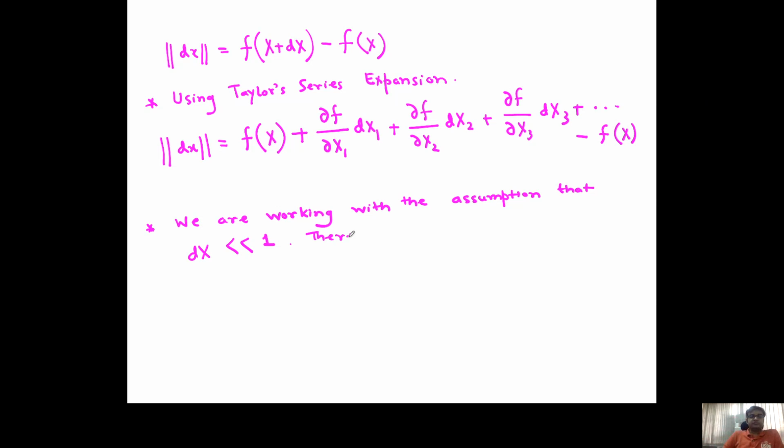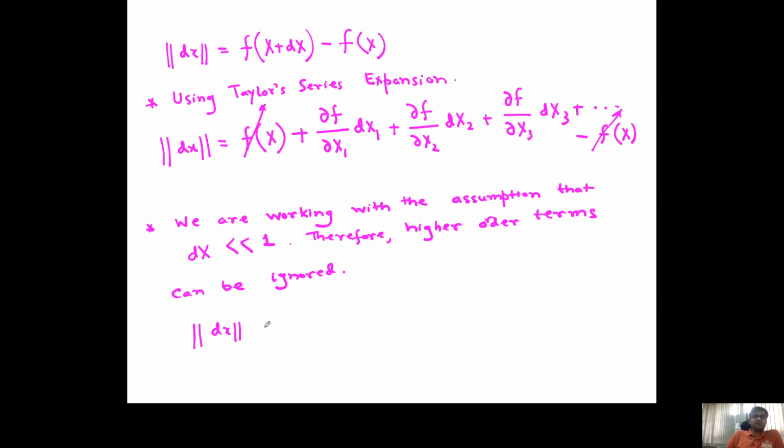Therefore, the higher order terms can be ignored, right? So if we ignore the higher order terms, and there is another thing we can do, so there is f of x here and minus f of x here, so we can cancel it out. So what is the final thing we are getting?